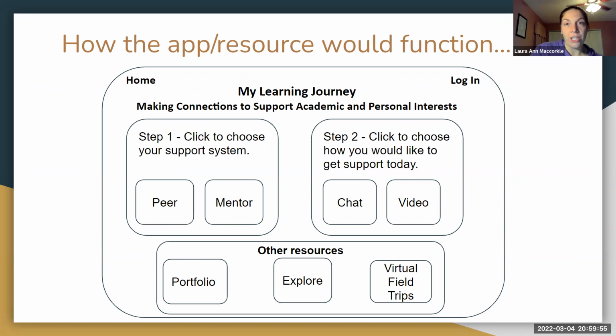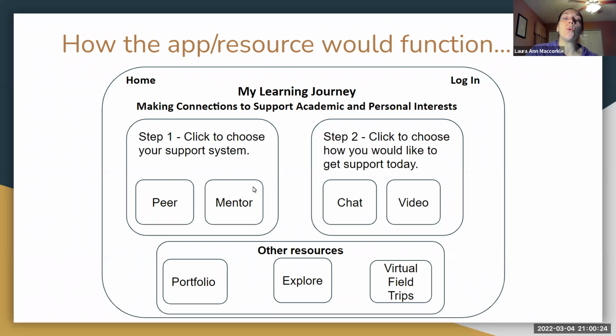On this home page of the app or website, their first step would be to click to choose their support system. So students could decide whether they would rather talk to another peer. Maybe they would feel more comfortable talking to another student and they just want to talk to another peer. Or maybe they want someone that is considered to be a little bit more of an expert. So they could choose a mentor, which may be a teacher, an administrator, or another expert in the field.